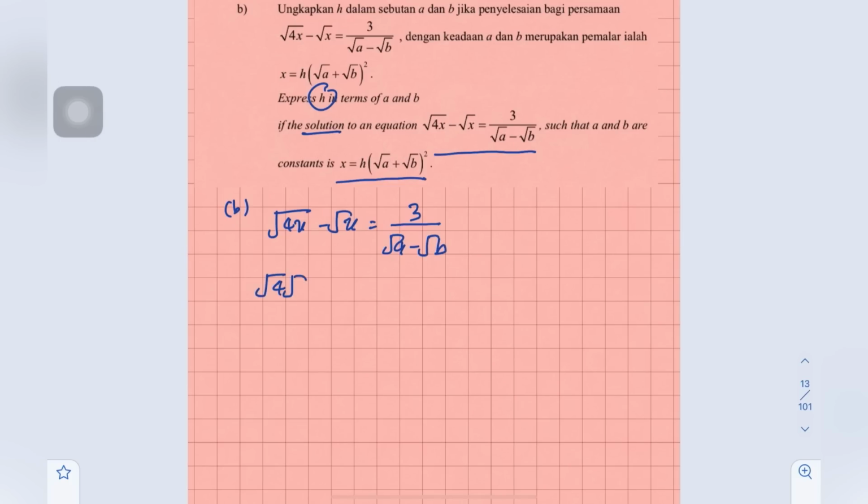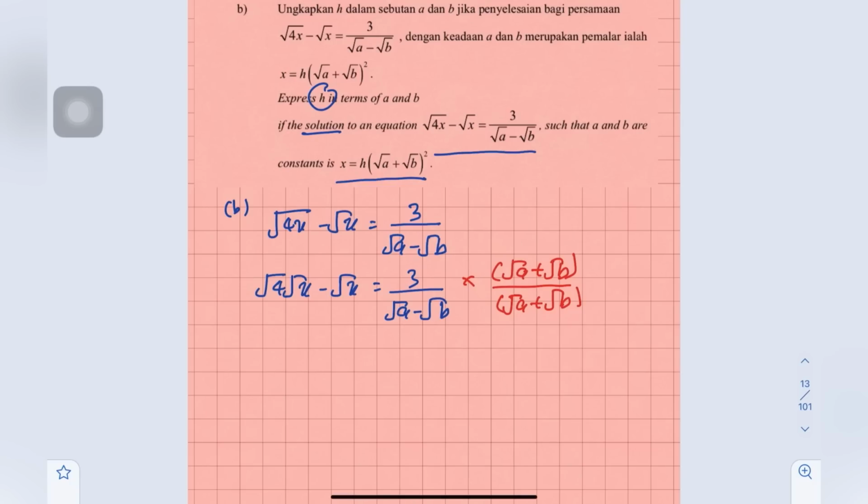So √4 √x minus √x equals 3 over √a minus √b. For the right side, we need to multiply with the conjugate, so √a plus √b. We have to rationalize.